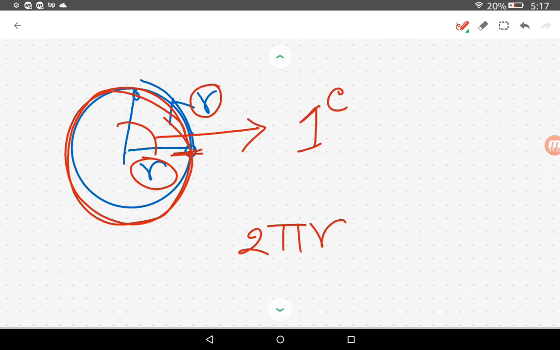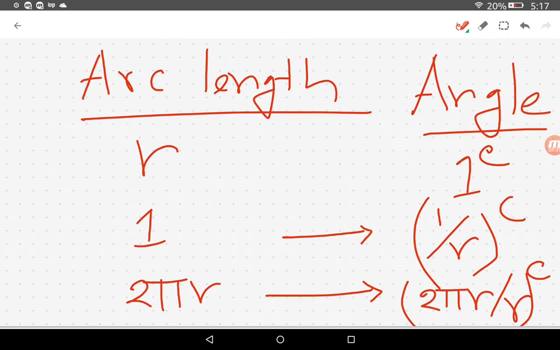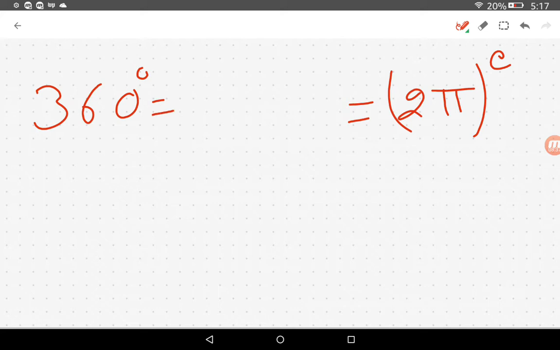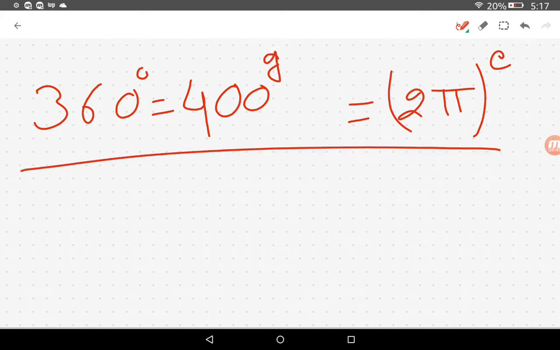So 360 degree is equal to 400 gradian, that is equal to twice pi radian. This is the relation between these three different units of angle. Okay, fine. I hope you have understood these things.